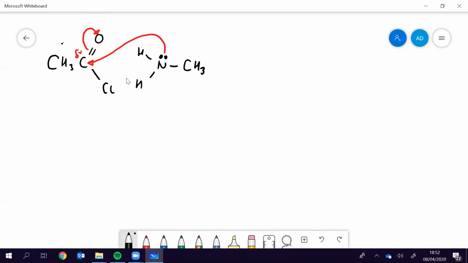So we draw the intermediate there. We've got CH3, we've got a negative charge on the oxygen now. The chlorine is still attached. The nitrogen has got two hydrogens attached still, and a methyl group.